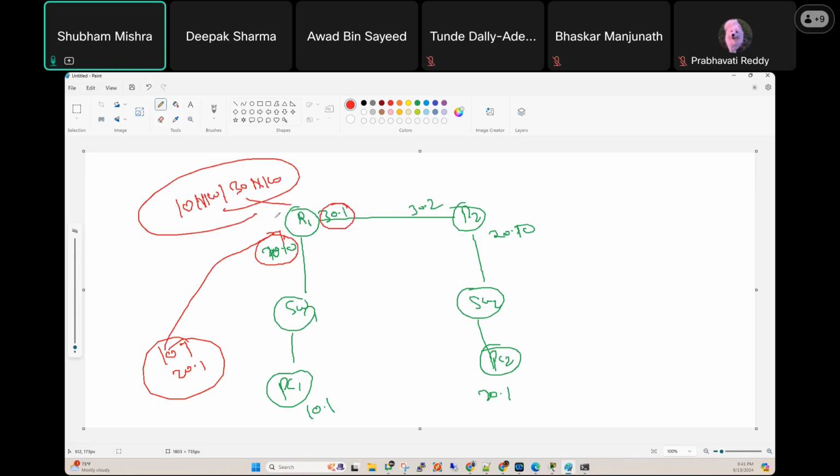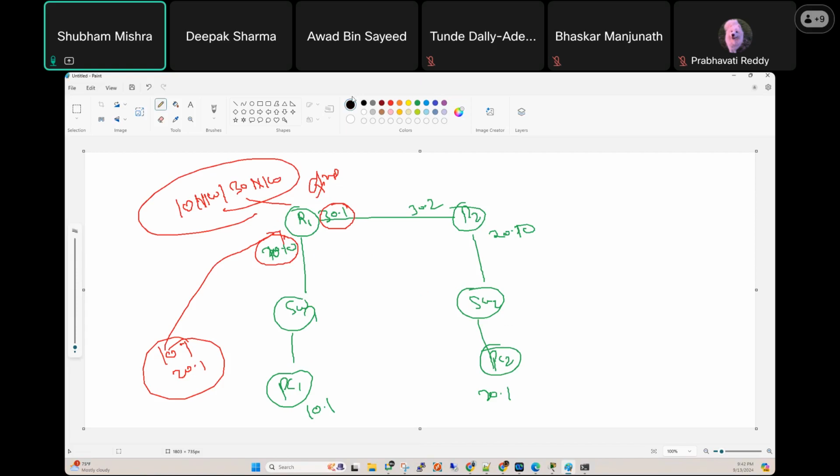And if this router doesn't know about the 20 network, then how will this router take the forwarding decision? This is not possible. So what will the router do? The router will drop your packet here. Getting my point, everyone? So to make communication possible as a network administrator, there are two ways. Either you can use dynamic or you can use static.